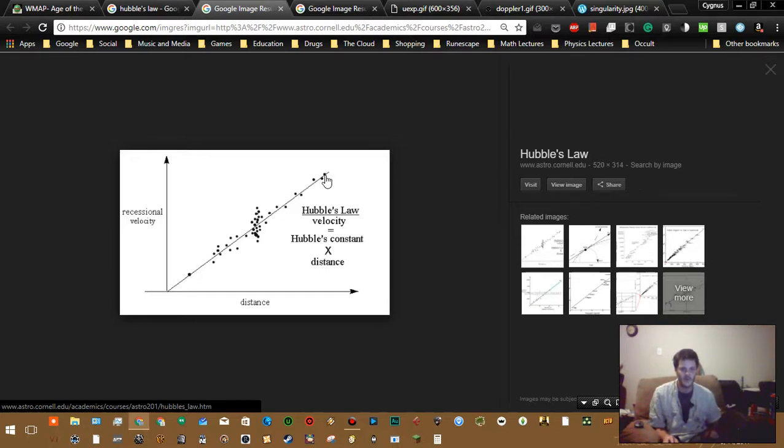You go all the way out from here, you retract it back here so that the rubber band is fully slack. You let all the slack into the rubber band again. So, that said, you have this linear relationship of recession velocity and distance away from where you're receding from.